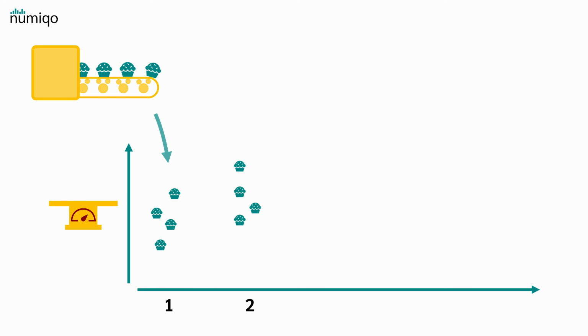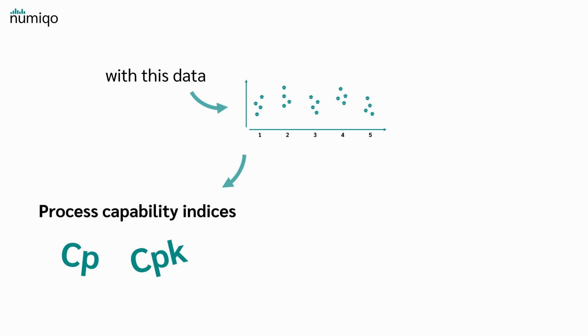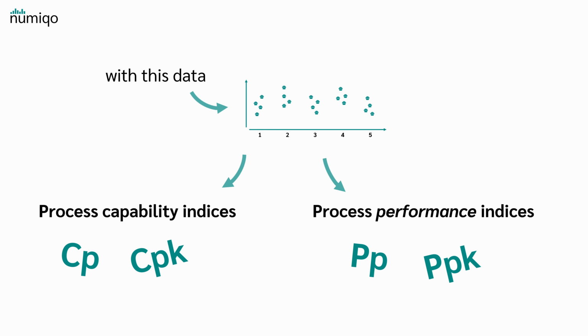Let's take a sample of 4 muffins every hour and record their weights. And now finally, with this data, we can calculate the so-called process capability indices, Cp and Cpk, and the process performance indices, Pp and Ppk. We will now have a detailed look at all 4 of them.